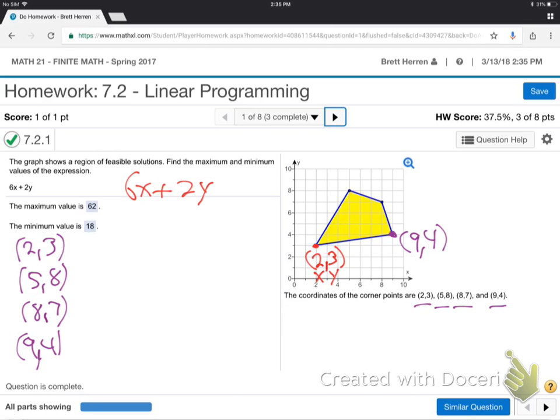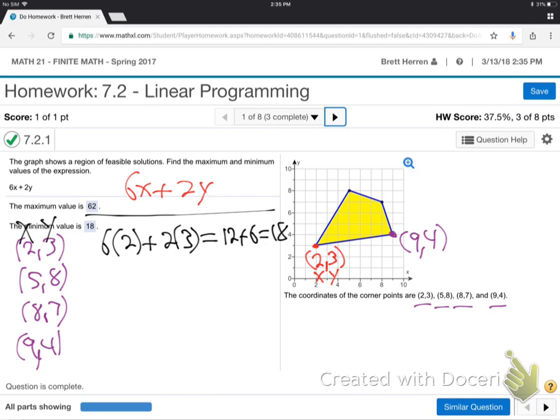You guys watch me do that the whole time thinking, what, is this a trick question, Mr. Heron? They're right there. What's the problem? All right, so this is X and this is Y. You just plug them in one at a time. You're going to take the biggest and the smallest as your max and min. So first plug in the 2 for X and the 3 for Y. What is that? 12. 12 plus 6, 18.